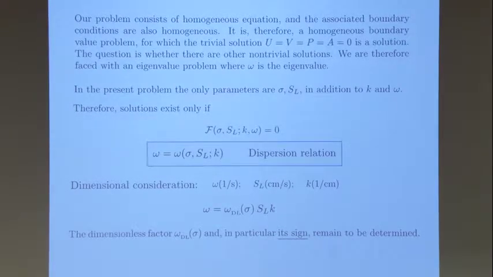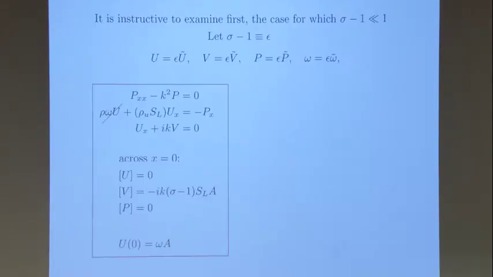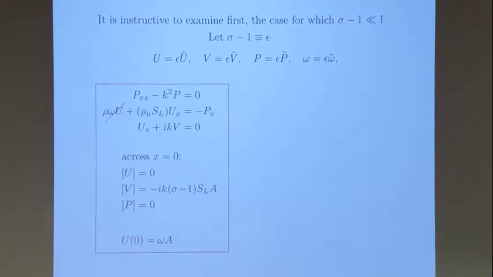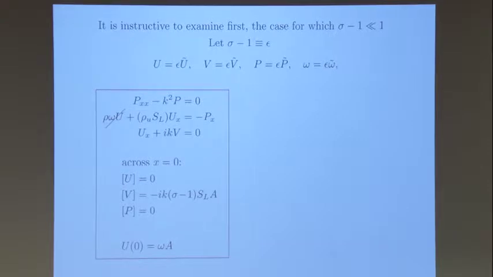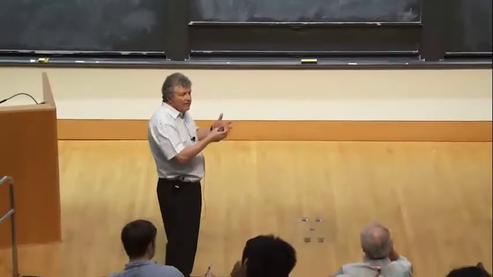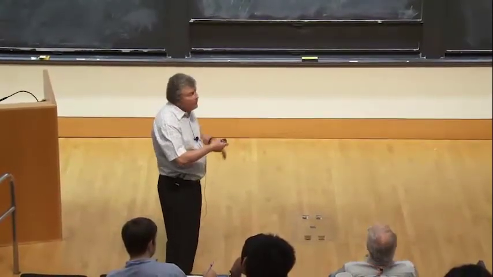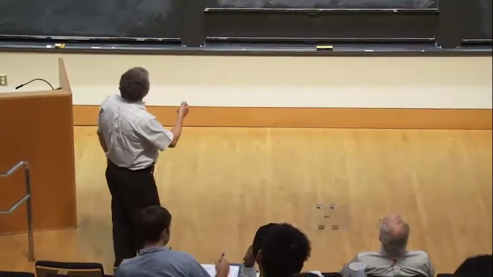Before I do the problem, I want on purpose to do it for a very special case, one where the gas density change, or thermal expansion, is weak. In other words, sigma minus 1 is small. I'll call it epsilon. If the density ratio is small, the velocities are going to be small, the perturbation of the flame will be small, and the growth rate will be small.